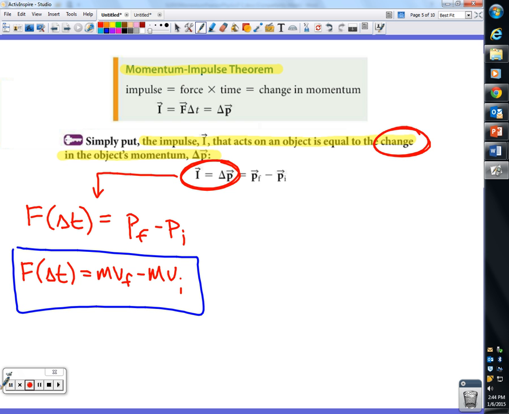This version of the impulse-momentum equation, or momentum-impulse theorem, is exactly the same as this, just a more detailed version. But things like force, time, mass, and velocity are a lot of times easier to measure than the impulse and the change in momentum. If we measure the force, the time, the mass, and the velocity, we'll be able to verify that. Okay? Good there? All right. Before we go on and see how this works in an equation, let me show you this.